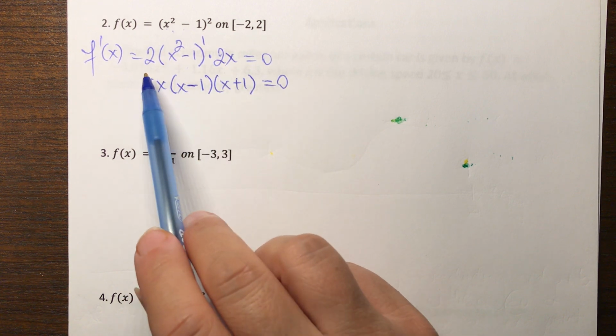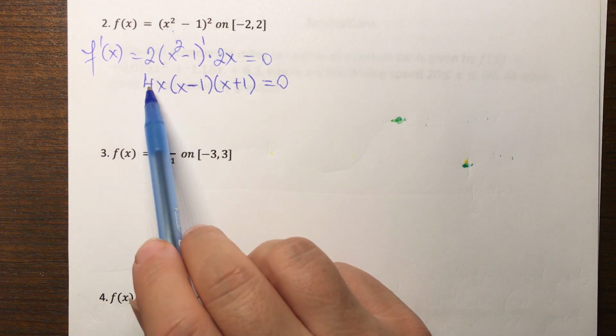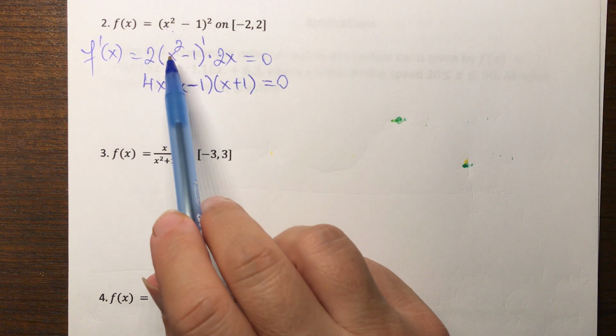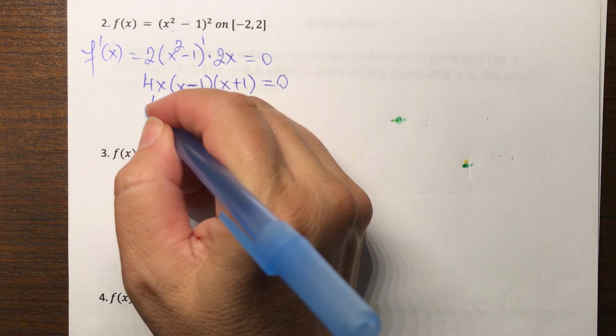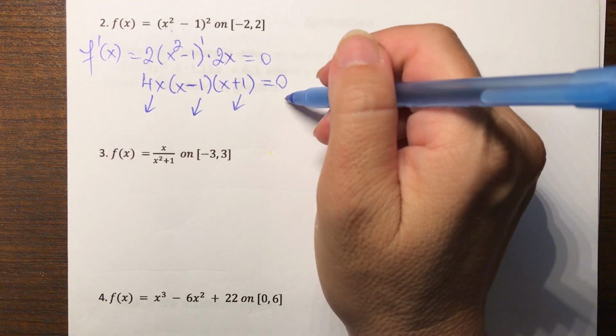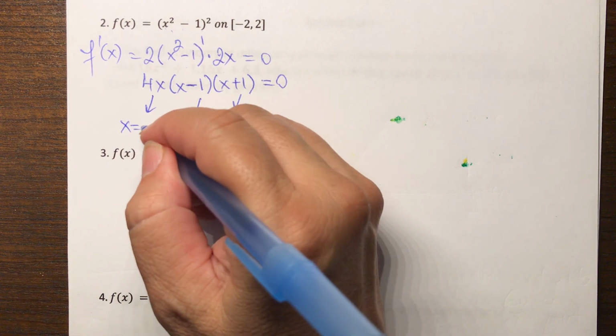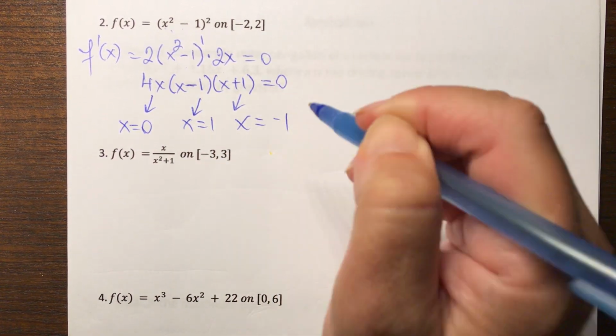So numbers can be multiplied in any order. So I can multiply the 2 to the 2x at the very front, times further on the x squared minus 1. To save some time, I factored it. Why did I save some time? Because I know I have to factor to solve this equation, right? So the possible answers are 0, 1, and negative 1. Okay.